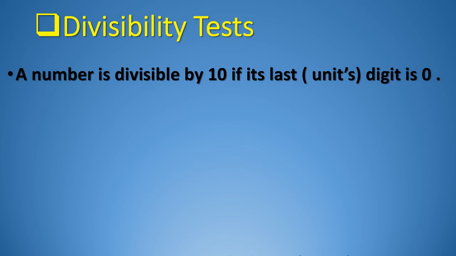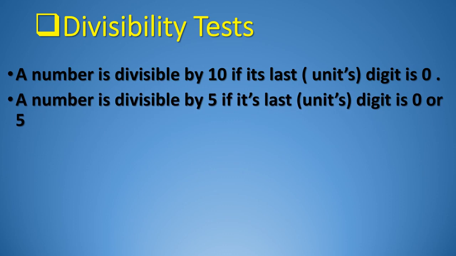A number is divisible by 5 if its ones place digit, or units digit, is either 0 or 5.